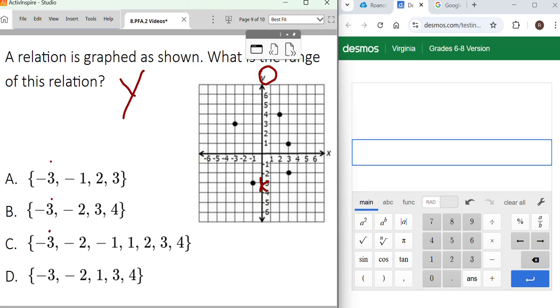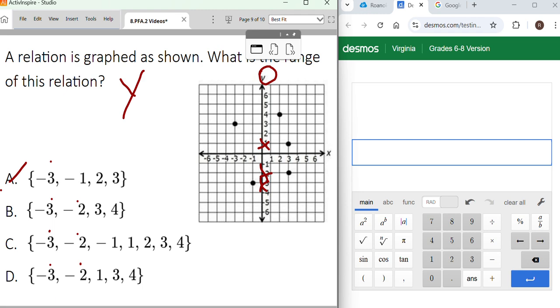Well, every one of my choices has a -3, so I'm going to put a dot by it. This next one is at -2, so I'm going to put dots by anything that has a -2, and I'm already going to mark out A because it doesn't. The next one, its y value is a 1, so I'm going to continue looking for anything that has a 1.